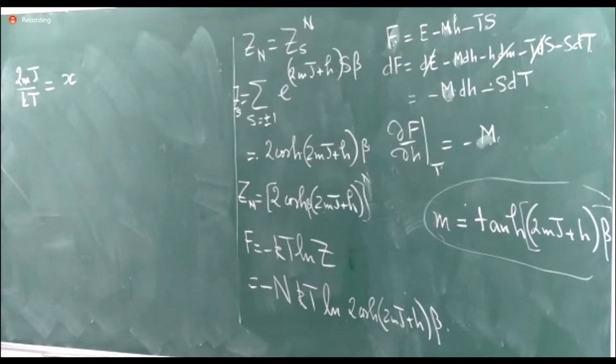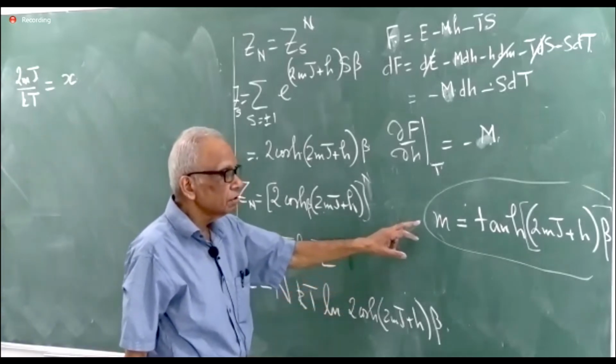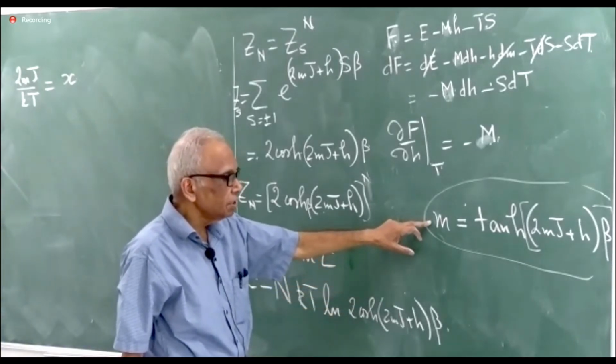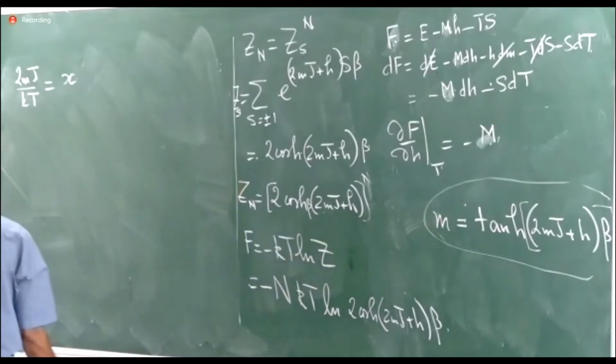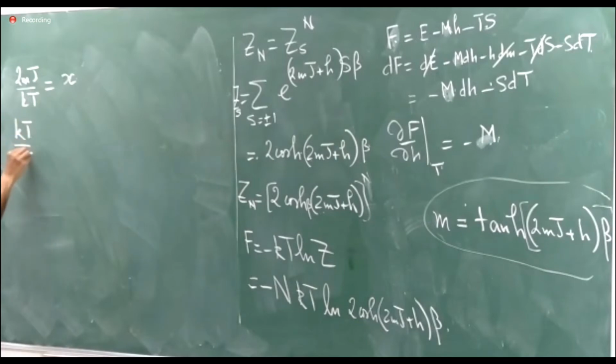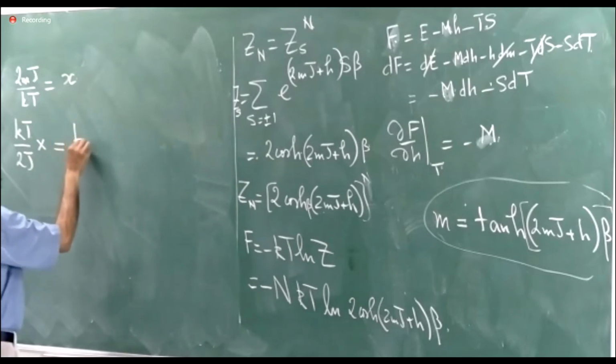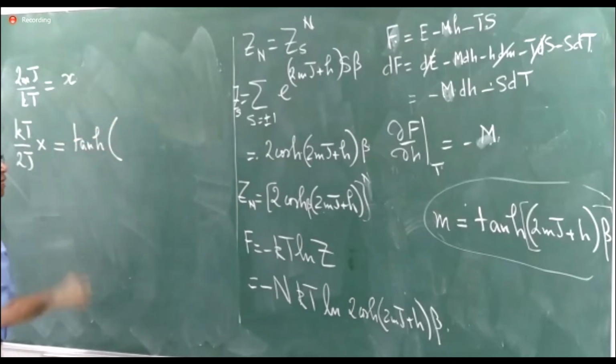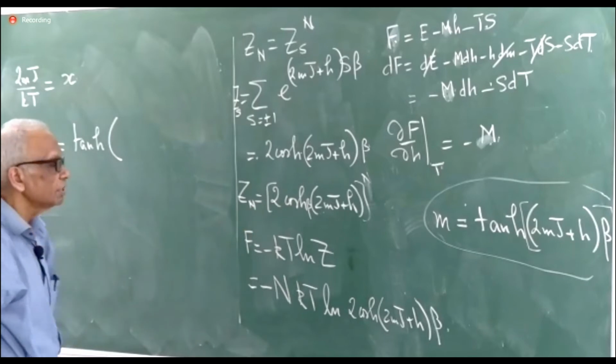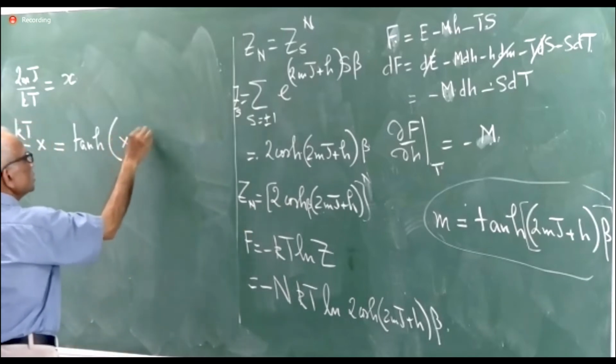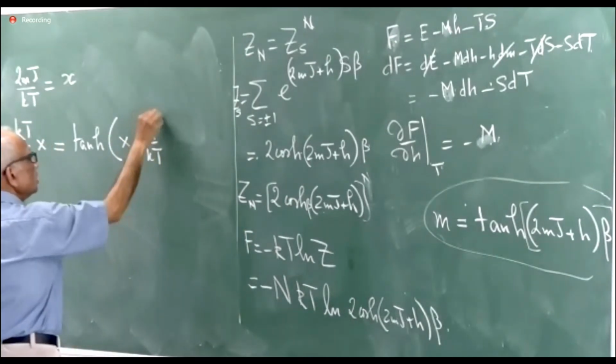Yeah, right? I mean, that makes good sense. That means this m over here is going to become kT over 2J times x, and this is equal to tanh, and that is your x over here plus h divided by kT.